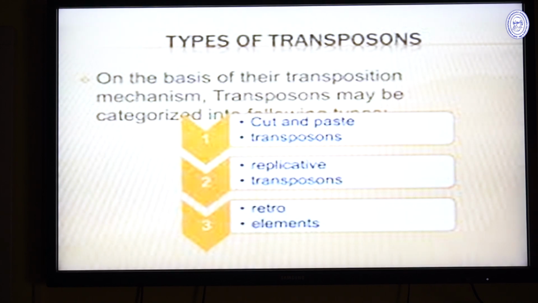That is, some of them exist in the prokaryotes, and some of them exist in the eukaryotes. Now, depending upon the mechanism by which the transposons replicate, we can divide them into cut and paste transposons. We can divide them into a second category as the replicative transposons, and the third category is the retro elements.